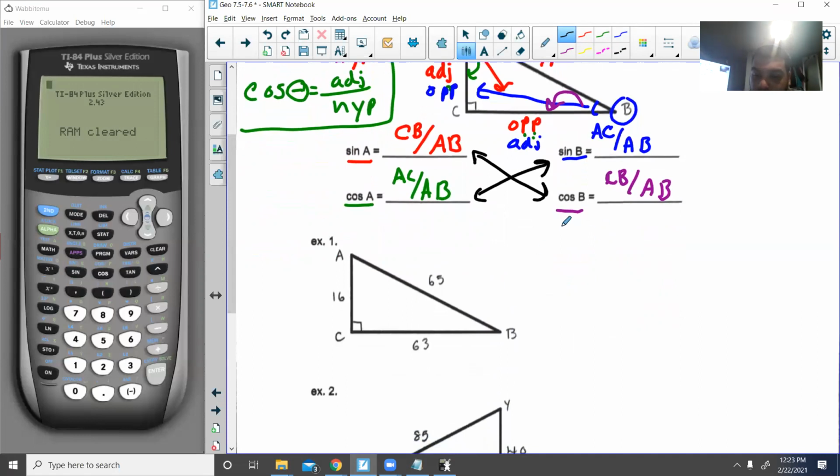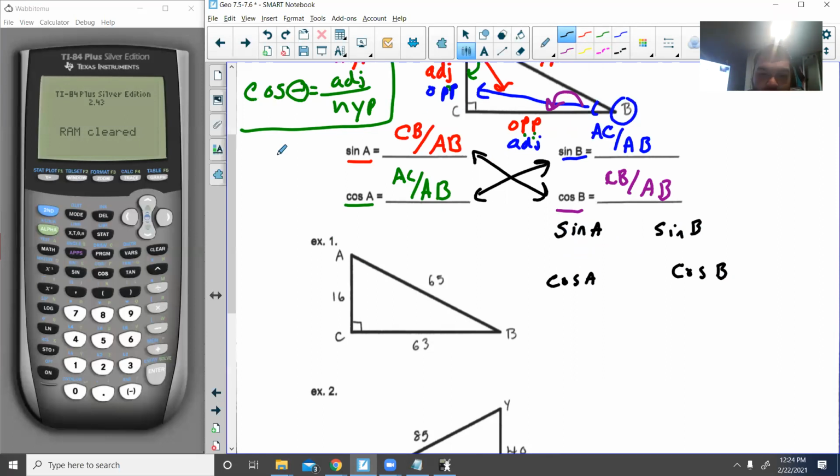So number one, I want the sine of A, the sine of B, the cosine of A, and cosine of B. I'll keep it in the same pattern. I want everyone to try this one out by themselves. Good news, none of these will be simplifiable, so you don't have to worry about simplifying this one.